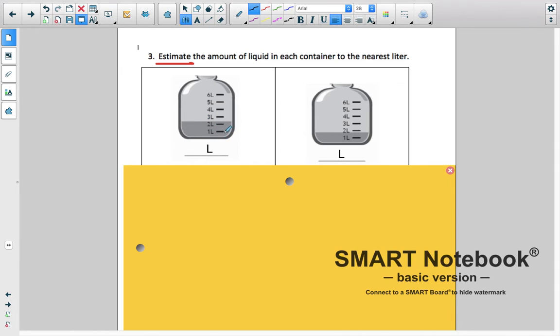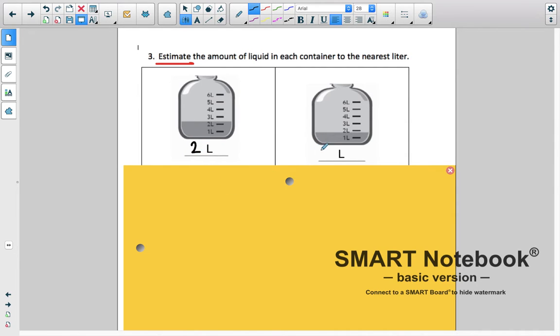So if we look at this, it looks like our liquid is between the number 2 and the number 3. Now when we're estimating, we're looking at which number it is closest to. So do you think that the liquid is going to be closest to 2, or do you think it's closer to 3? To me, it looks like it's closer to 2. So I'm going to write 2 liters.